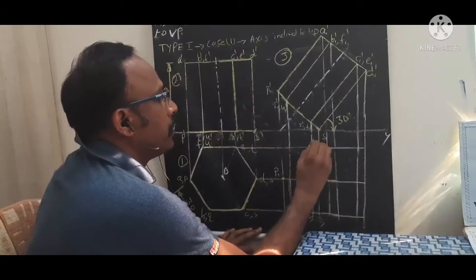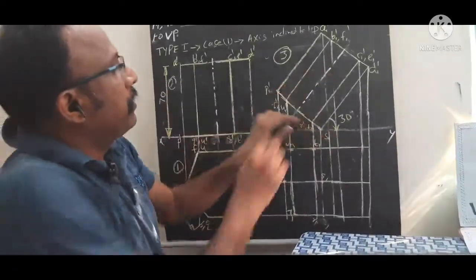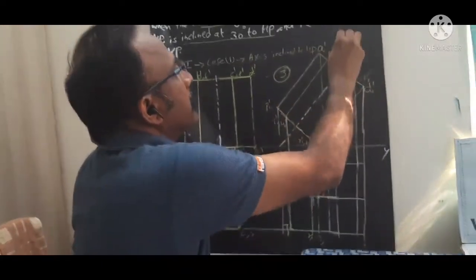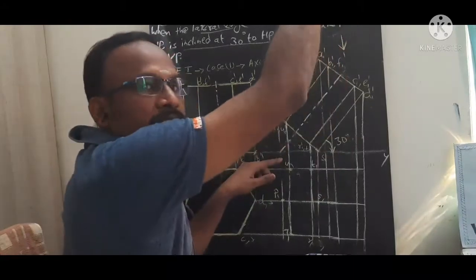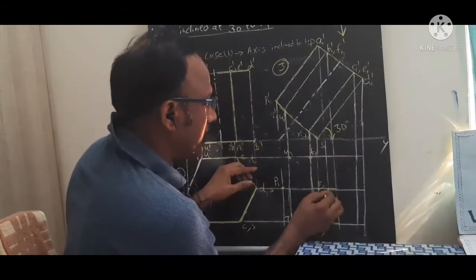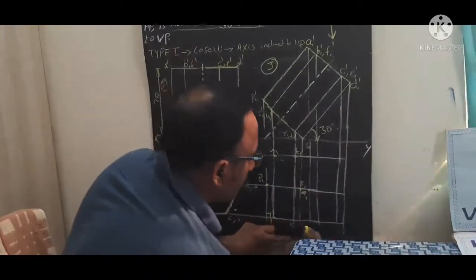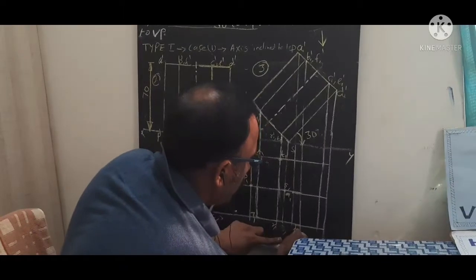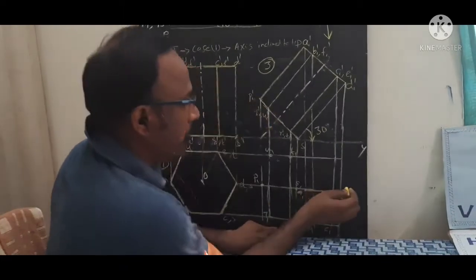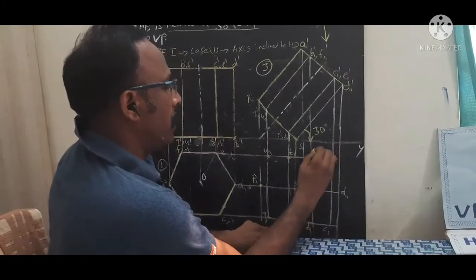This point is D1. This point is U1. Similarly, further near this surface, because we see the top view from here, these points I am going to mark as the corner points. A1, this point I marked as B1, C1, D1 and E1 and F.